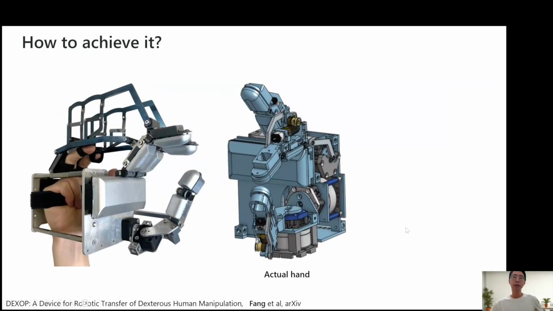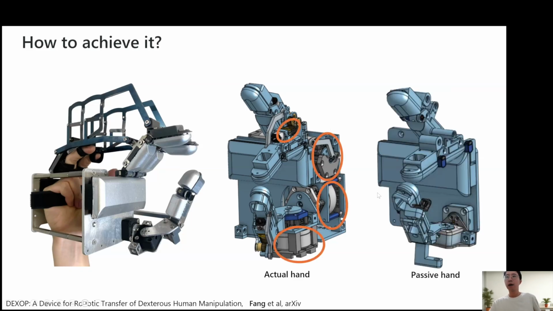So here is how we did it. We took the model of an actual robot hand, and then we removed all the actuators, which are enclosed by orange circles. And then we put joint encoders or position encoders at each joint, which is highlighted in green circles.